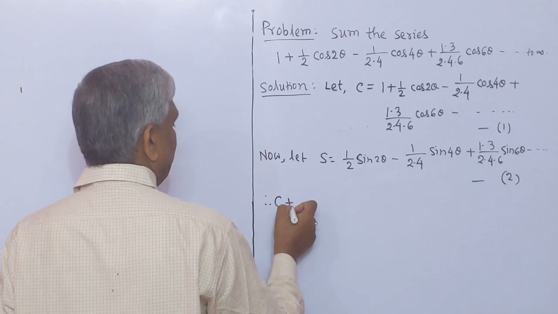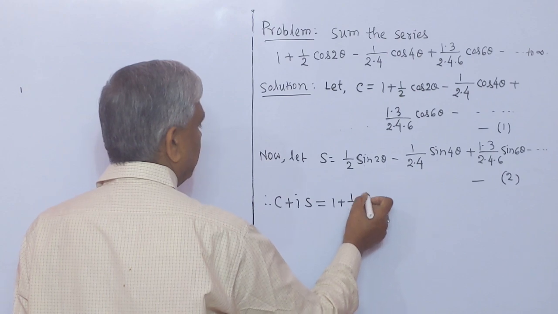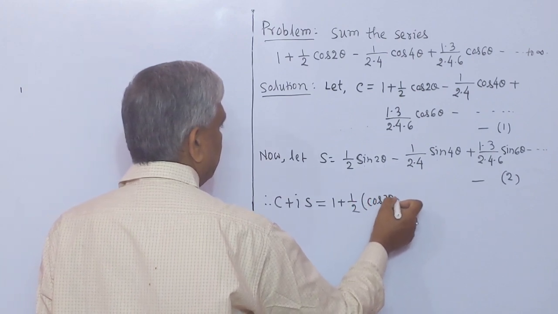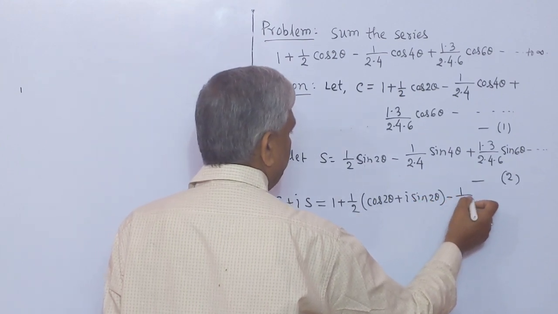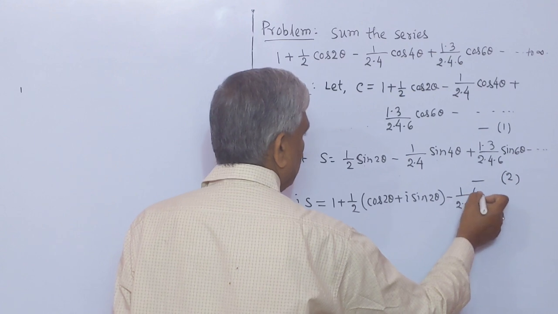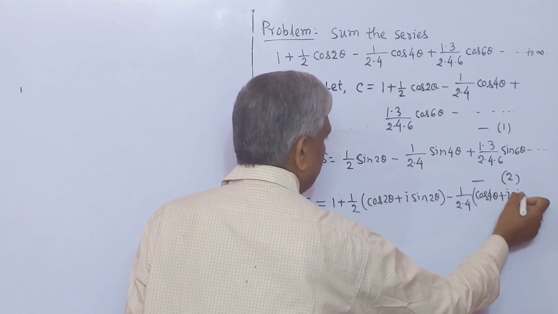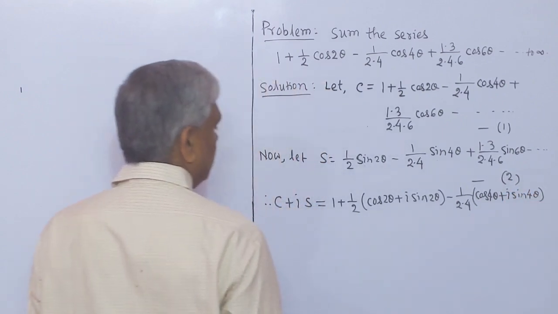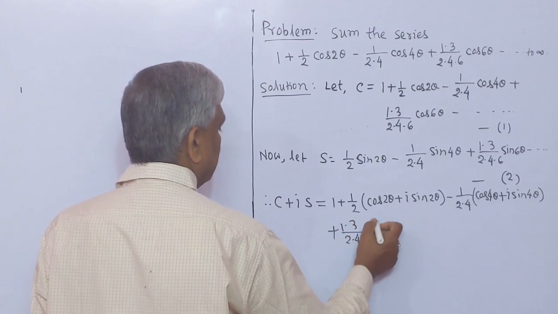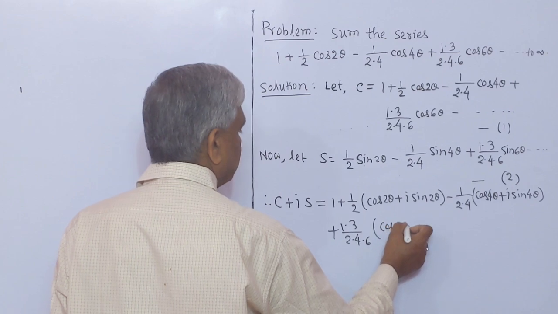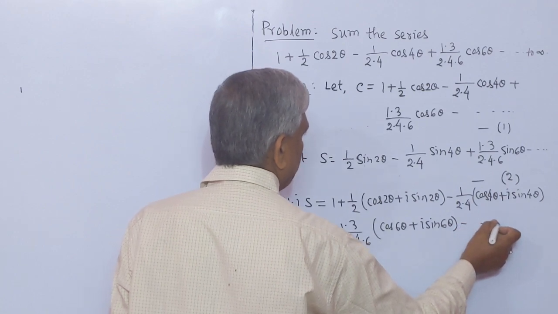Therefore C plus iS equal to 1 plus half, common cos 2 theta plus i sin 2 theta, minus 1 by 2 multiply 4 cos 4 theta plus i sin 4 theta, plus 1 multiply 3 by 2 multiply 4 multiply 6 cos 6 theta plus i sin 6 theta, minus dot dot dot.